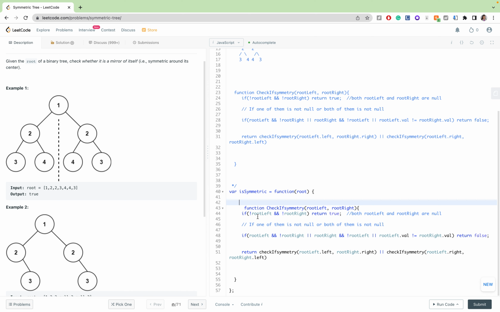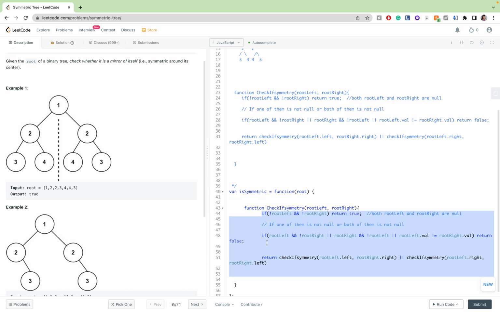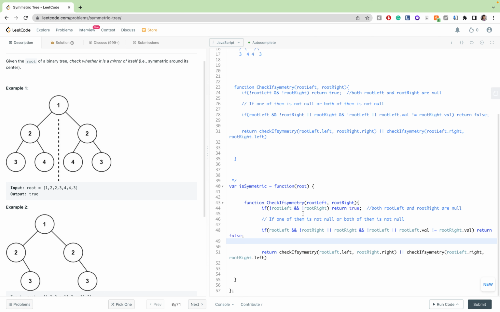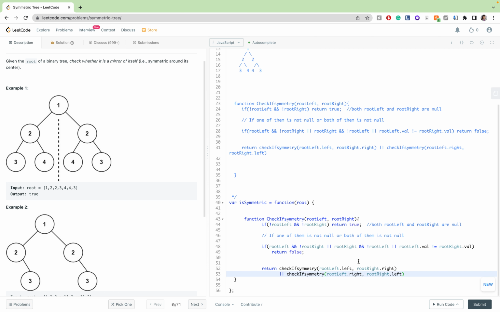So there is a function check if symmetry. I did not explain this very nicely, but still, check if symmetry.